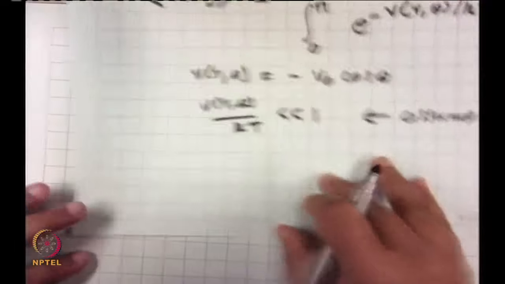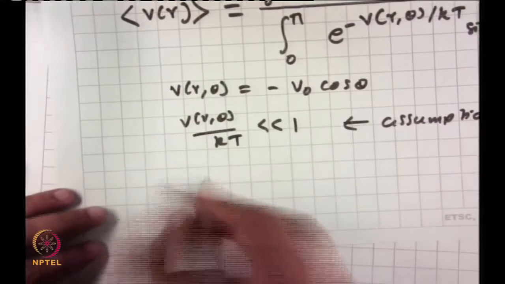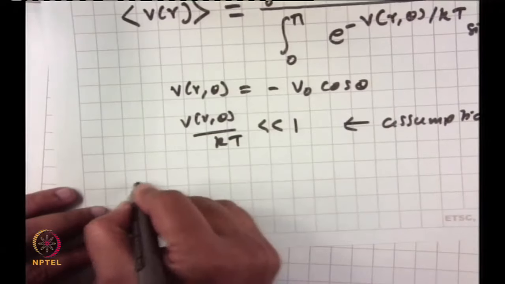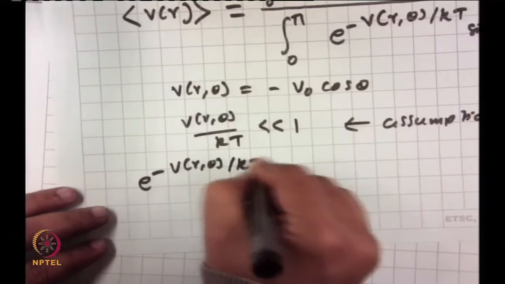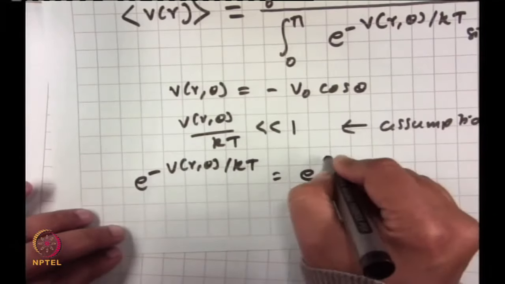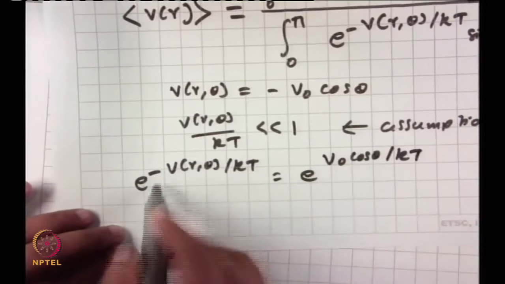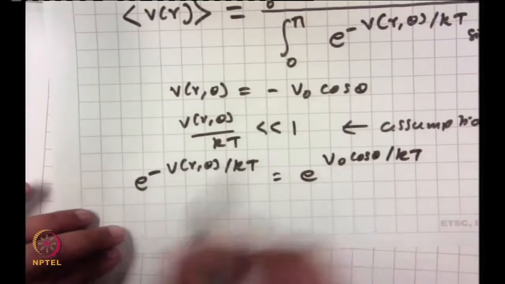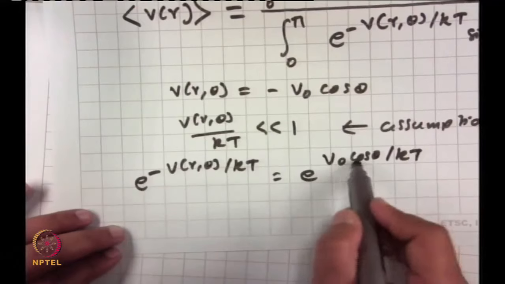So, if V of r, theta by kT is much less than 1, then what I can write is, look at e to the power minus V of r, theta over kT. So, what is this equal to? This is equal to e to the power V0 cosine of theta over kT, right, because V of r, theta is equal to minus V0 cosine of theta, and I already had a negative sign here, and I know this one is much less than kT.